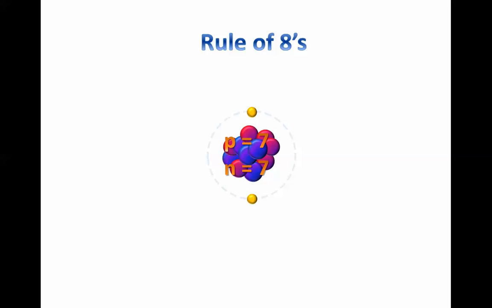I can't fit any more electrons in this shell that's closest to the nucleus, which I always start to fill first. So I jump to another shell, which is now my valence shell, and 3, 4, 5, 6, 7 electrons. This second shell can hold up to 8 electrons, thus the rule of eights.